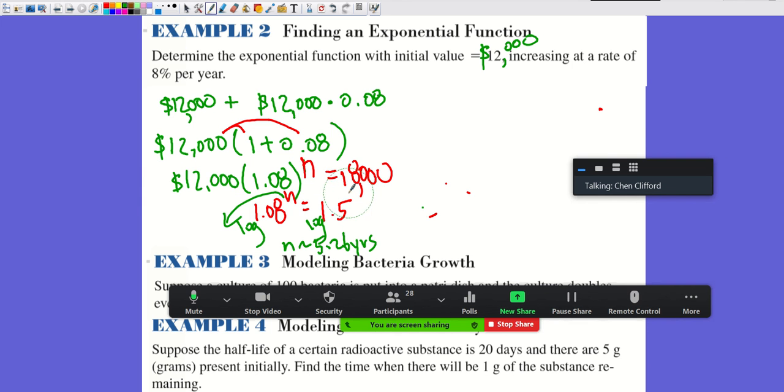So long story short, sometimes they ask, tell me how much money total you have after 5 years. In that case, you plug in 5 for n, and it spits out a number. Sometimes it goes backwards, like the example we just did, where it tells you the final amount, which is 18,000 in this case, and it wants you to work backwards to find out how long it will take to get to that final amount, which in this case is 5.26.